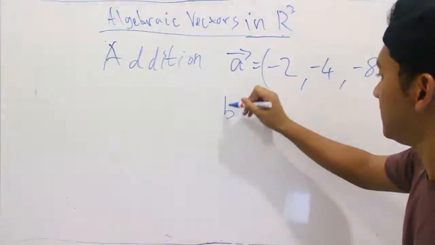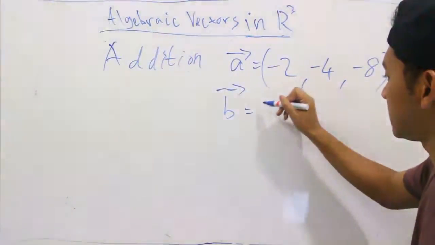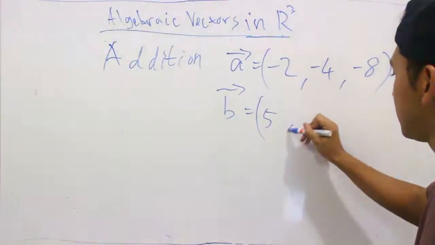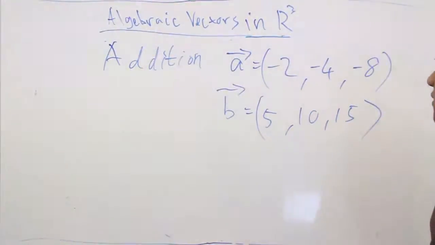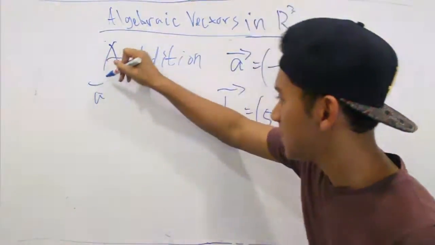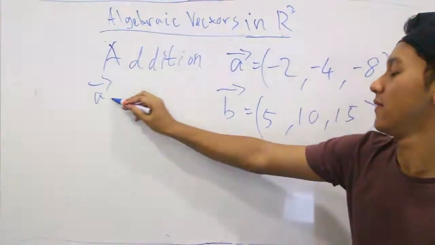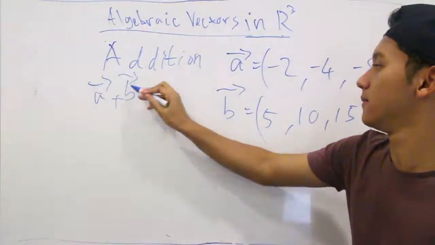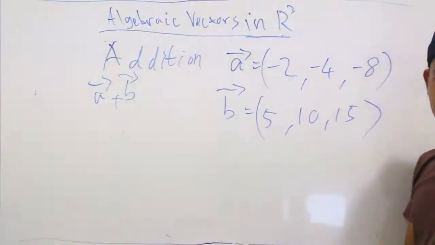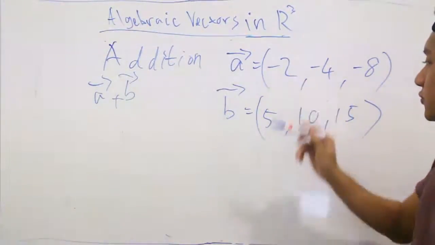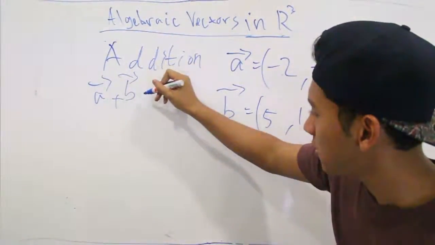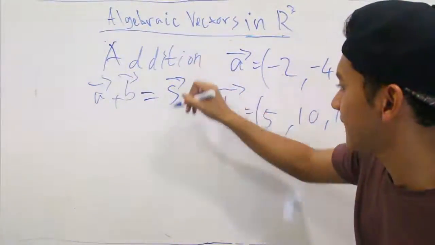And vector B is 5, 10, 15. We want to add vector A and vector B together. Okay? So what do we do? Let's call the sum of vector A and vector B, S.